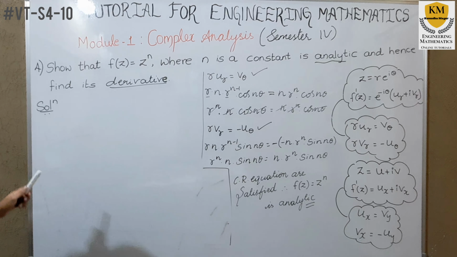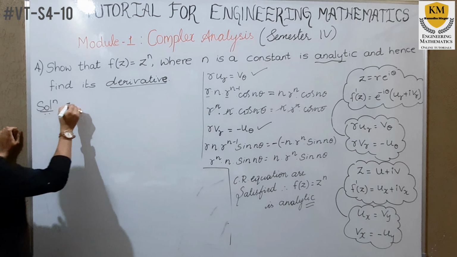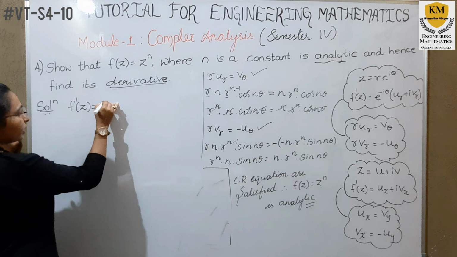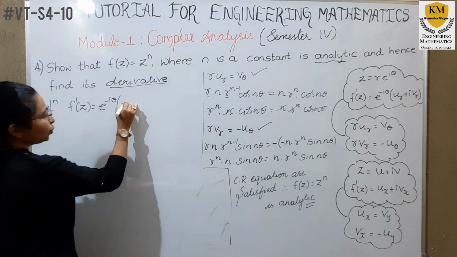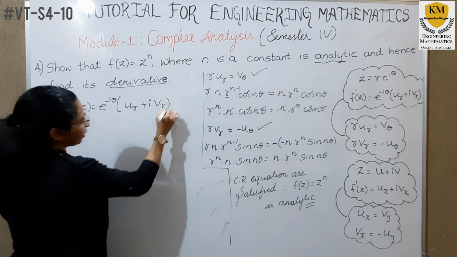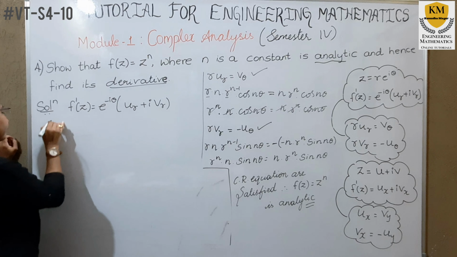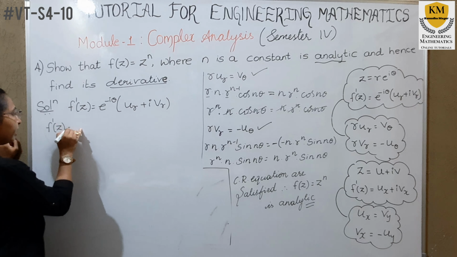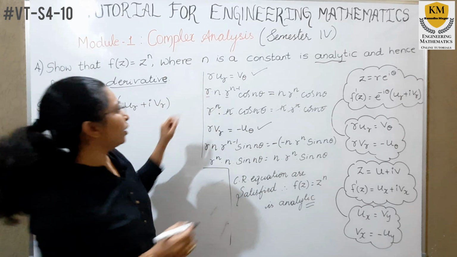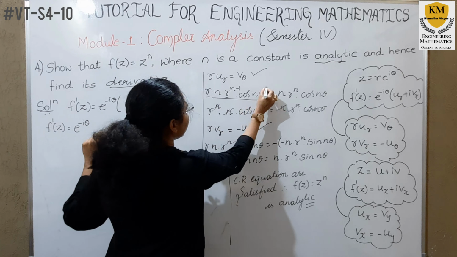F dash of z is nothing but e to the power of minus i theta into ur plus i into Vr. So f dash of z I will keep as it is, e to the power of minus i theta. You ask, what do you mean by ur? Ur is here, isn't it?